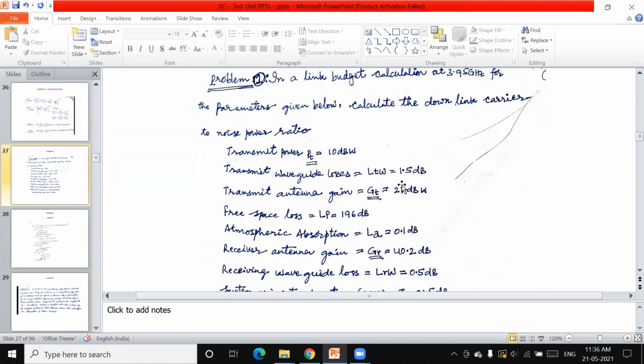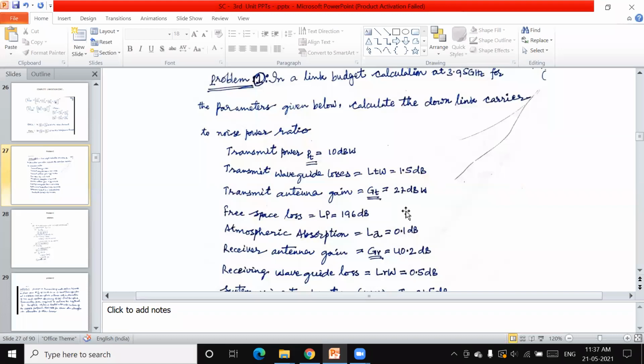In the table or in the link budget, the calculation is given in dB: 1.5 dB, 27 dB, 196 dB, everything is in dB. So now directly you can take the ratio, subtracting the denominator dB value from the numerator dB value, which will give us the C by N. Suppose C by N is there, you have to take the dB value of C, and from that, N is the noise power dB value, you have to subtract.